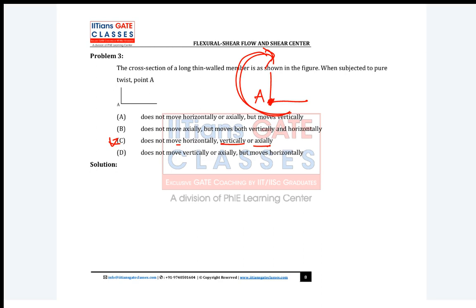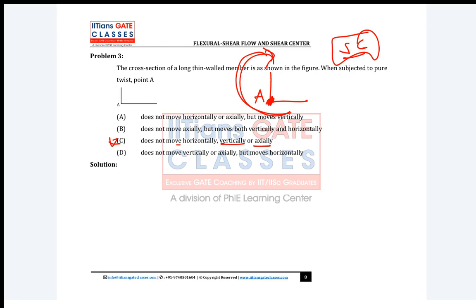So guys, directly this question is related to what? Can anyone tell? It is related to shear center, right? First you should know the characteristic of shear center, and then you need to know the loading.